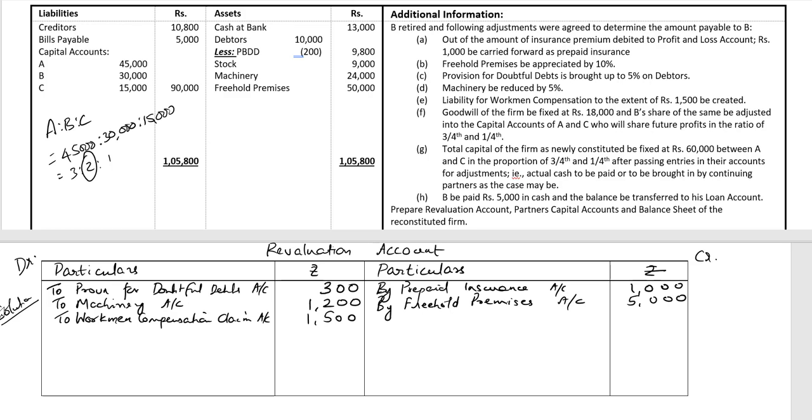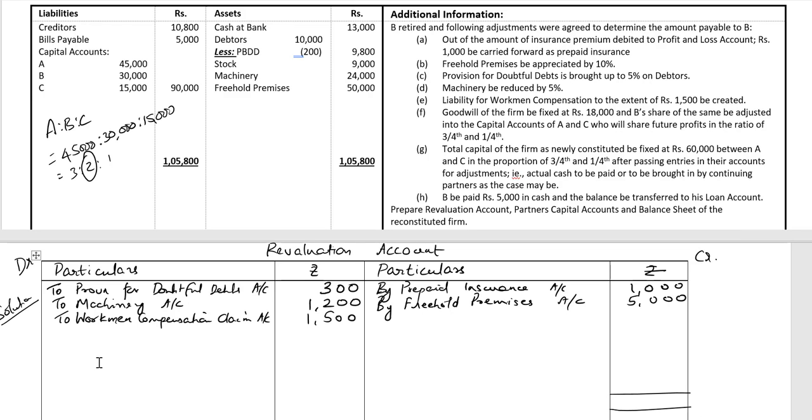Point F deals with goodwill. We'll ignore that for now. Point G is about the adjustment of capital. We'll ignore that also. And point H is about settlement to retiring partner B. So we completed the entries in the revaluation account.